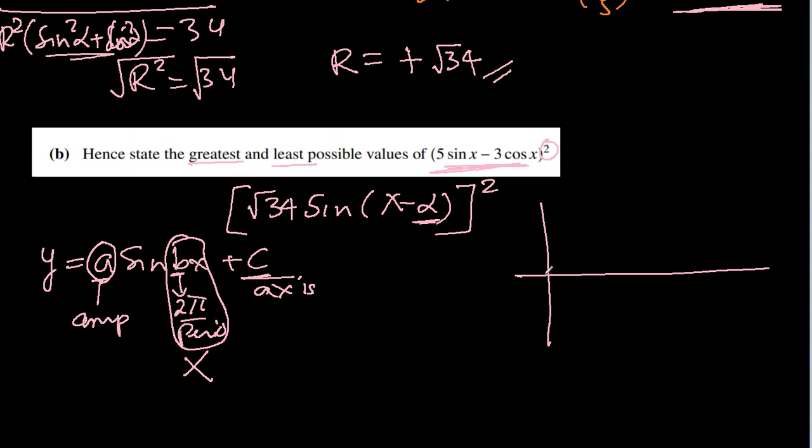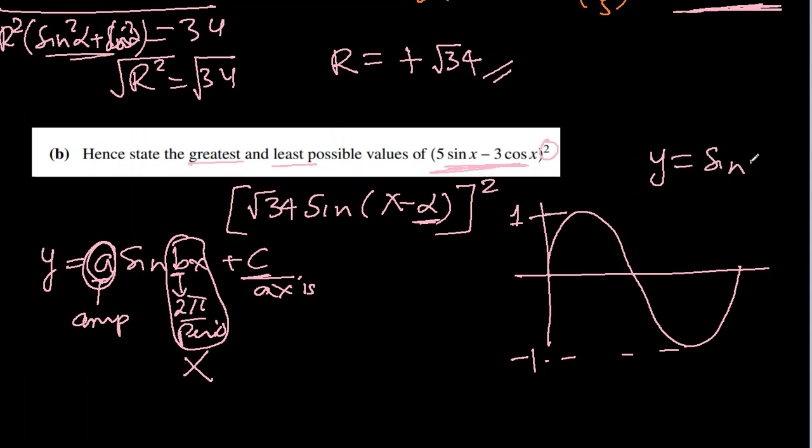Let me draw the graph of a simple sine graph. This is a simple sine graph. The greatest value of a sine graph is 1 and the least possible value is minus 1. The one I have drawn here is y equal to sine x. But if there is an a in front, the greatest value becomes a and the least value becomes minus a.